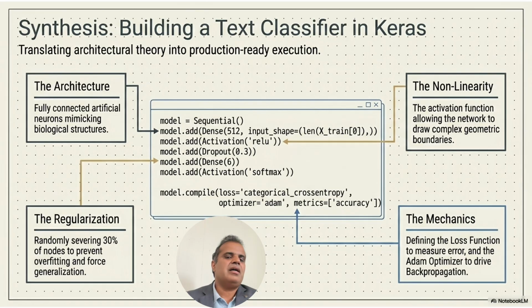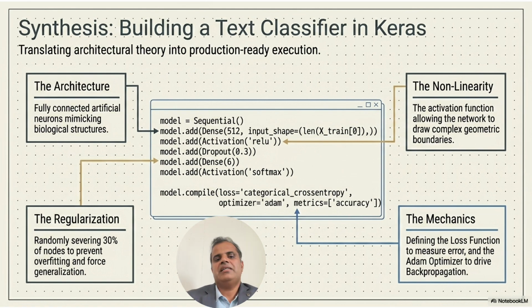We inject nonlinearity immediately by applying the ReLU activation function, allowing our network to map complex boundaries. Next, we implement our regularization layer, dropout 0.3, which randomly drops 30% of the active nodes during training to prevent the overfitting issue we just discussed.